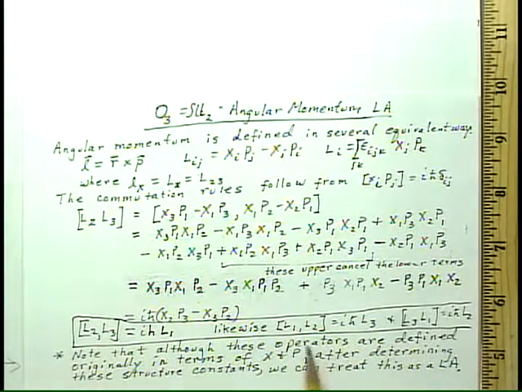Likewise, one can show that L1 L2 is i h bar L3, and L3 L1 is i h bar L2. And the order is 1, 2, 3 in cyclic order.